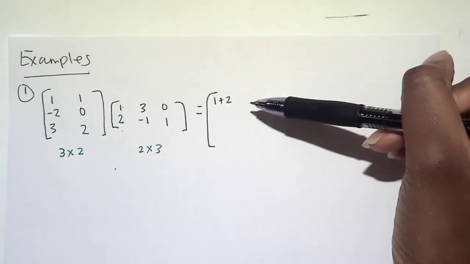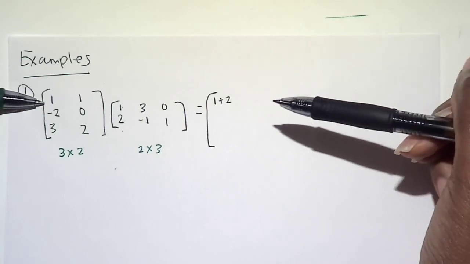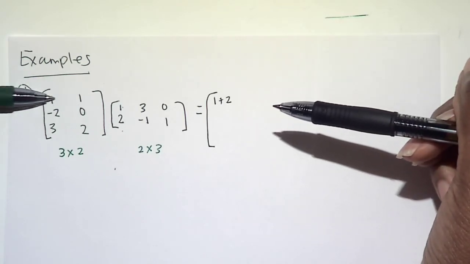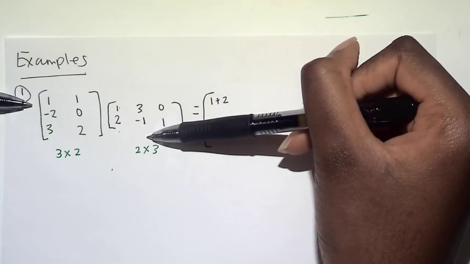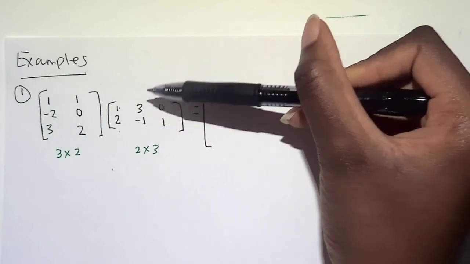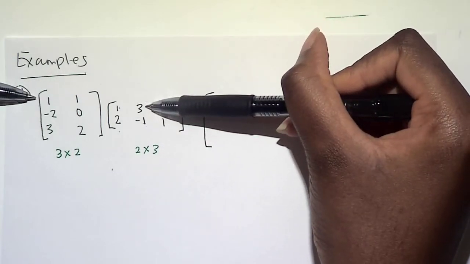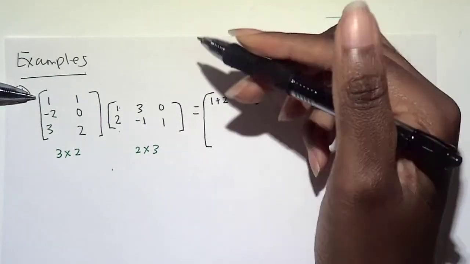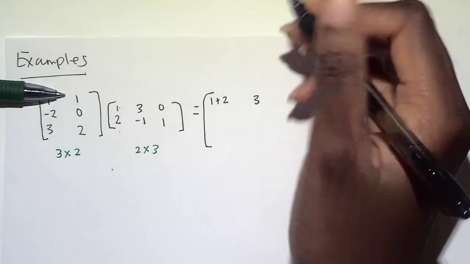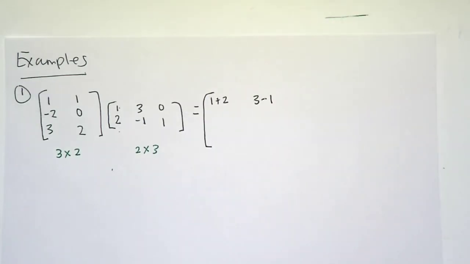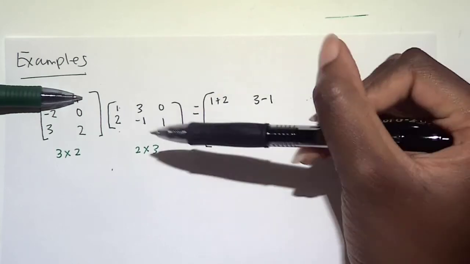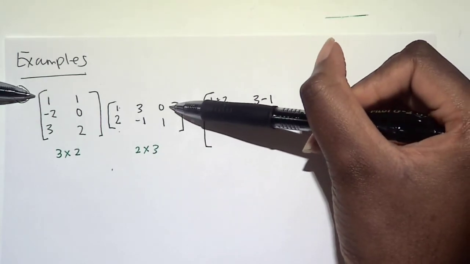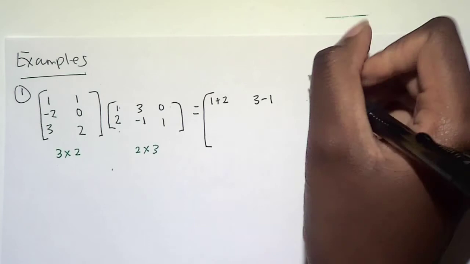If we want to get this component here, we're going to use the first row of the first matrix and the second column of the second matrix. So across and down. So 3 times 1 is 3. 1 times -1 is -1. So that's that component. If I want this one here, I need to use the first row, last column. 0 and 1.